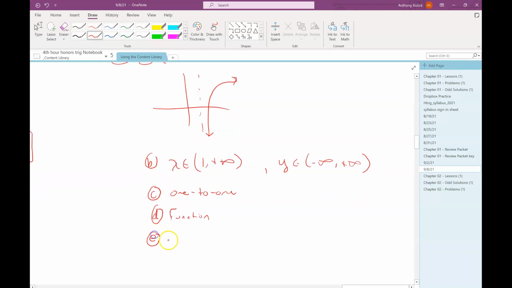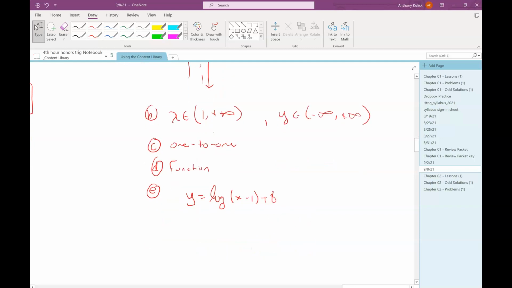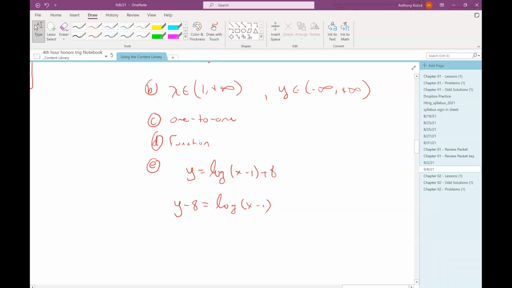And the last part would be to write the inverse itself. So I want to get the x by itself. I would start by subtracting 8 from both sides. Then I want to cancel out that logarithm. To cancel out a logarithm, I need to use an exponent base. The exponent base I'd want to use is the one that matches the base on my logarithm.